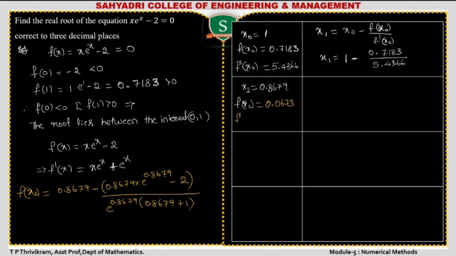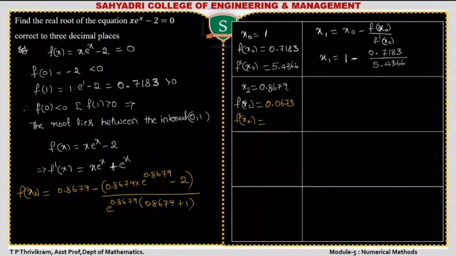Next, f dash of x2. f dash of x2 is 1 plus 0.8679 into e power 0.8679.